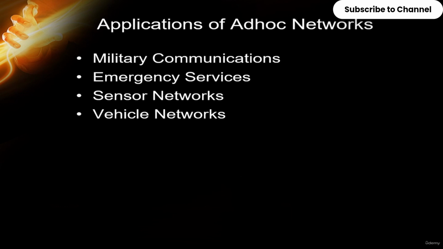Vehicle networking can be used for road safety, vehicle to vehicle communication, vehicle to infrastructure communication, where infrastructure means routing sites, or infrastructure to vehicle communications. All these things are provided with ad hoc networks.